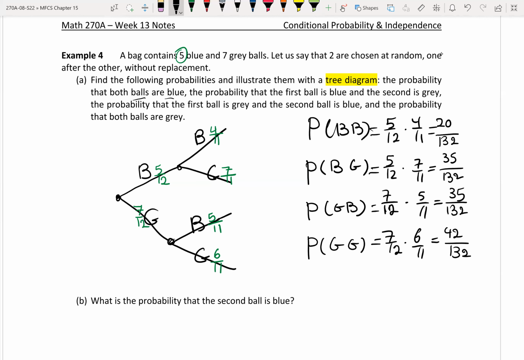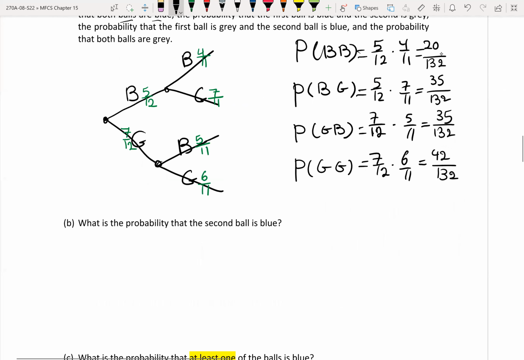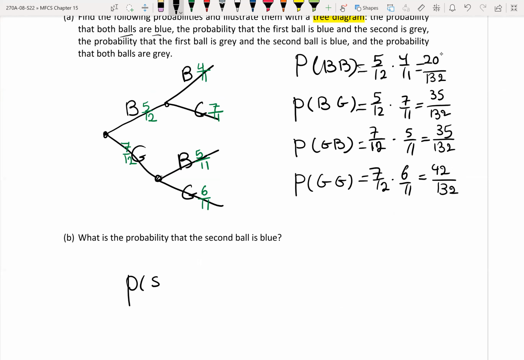This is really fun. This type of problem, you can just set up a tree for that and just take the product of each branch and test for intersections, test for all of the possible cases. They are really fun. What is the probability of the second ball is blue?